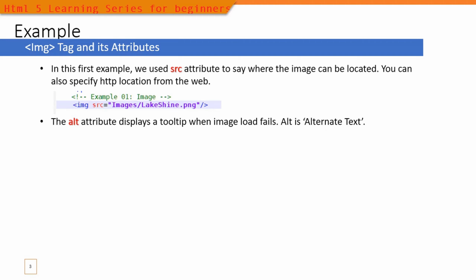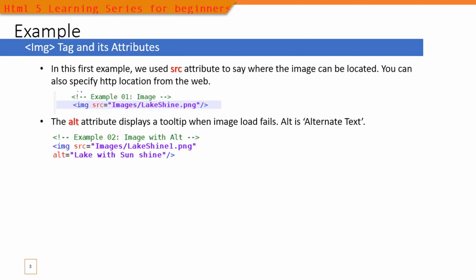So in that case, browser will look for the alt attribute, and whatever you specify in the alt attribute will be displayed in the placeholder for the image. So image load is failed, so it won't display the image, but instead on that placeholder it will display the alt text. Here in this example, the alt text is lake with sunshine.